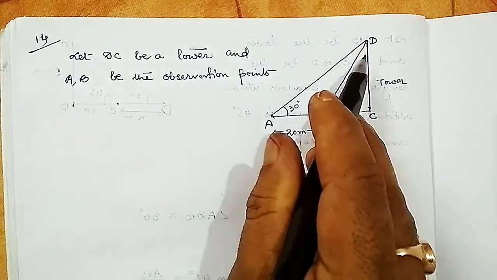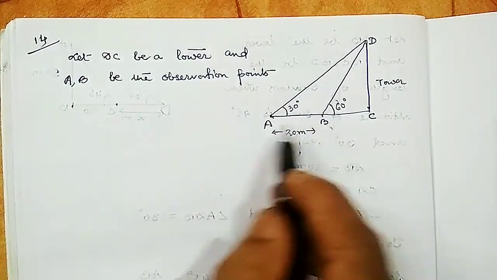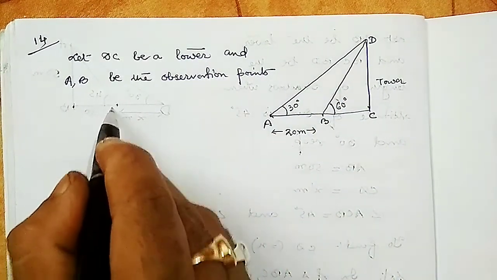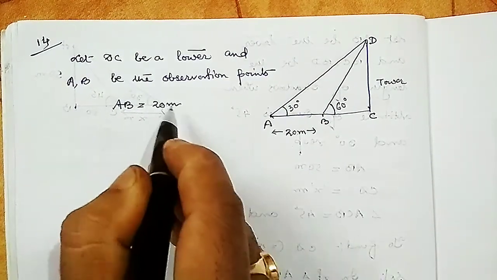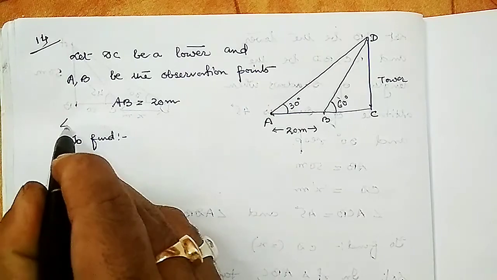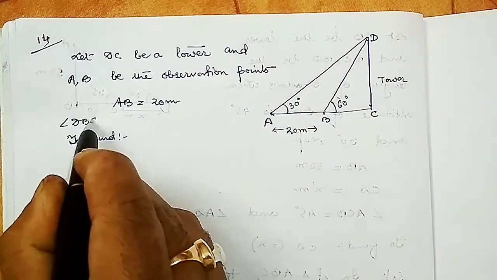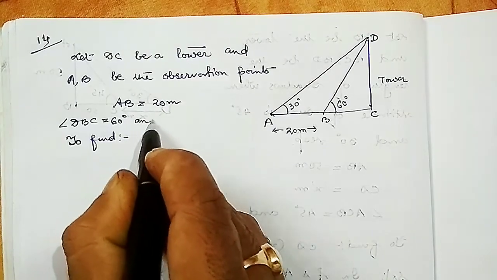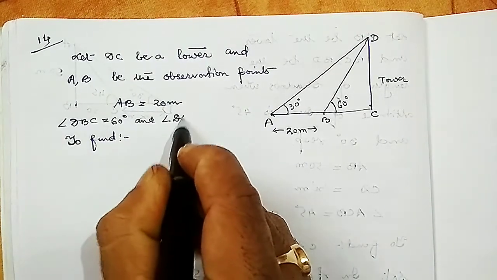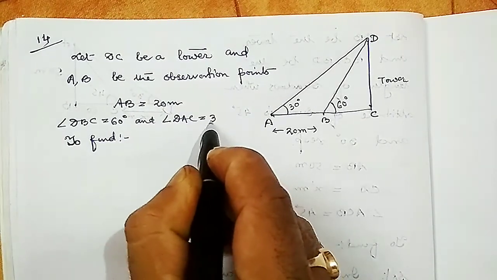Here it is given AB equals 20 meters, angle DBC equals 60 degrees and angle DAC equals 30 degrees.